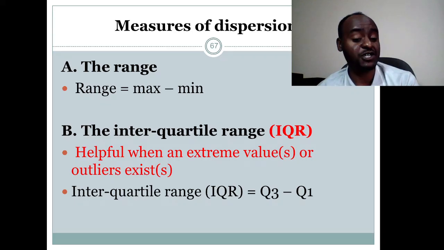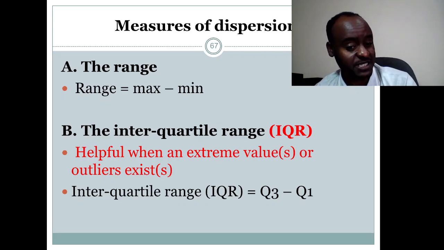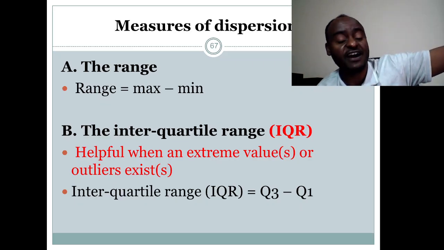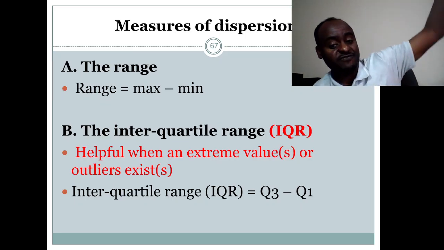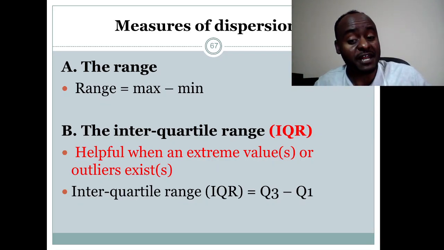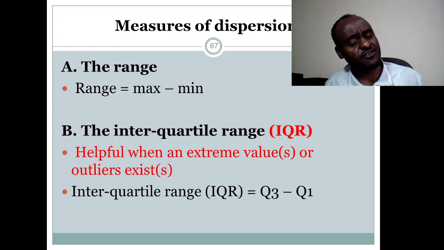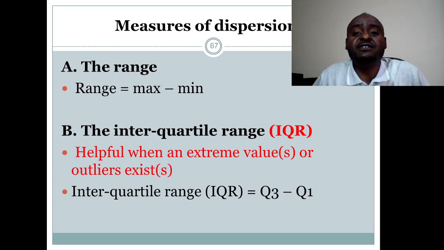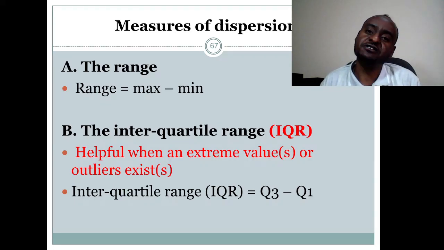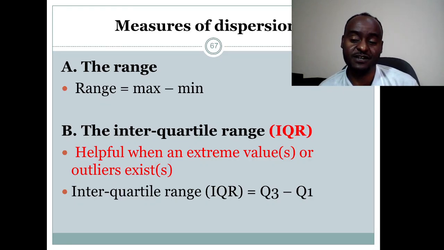But one of the limitations of the interquartile range is that the highest 25% and the lowest 25% are excluded from the data. Therefore, we are talking about what? The middle 50%. Therefore, the interquartile range is not inclusive. That is the problem.